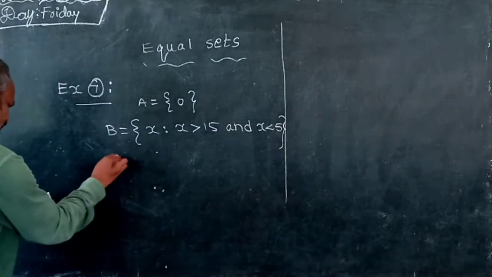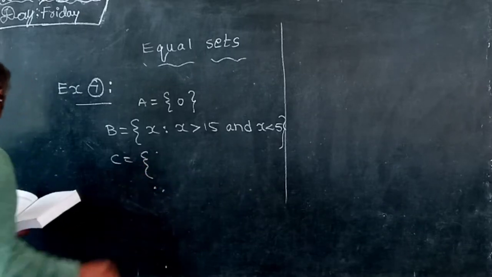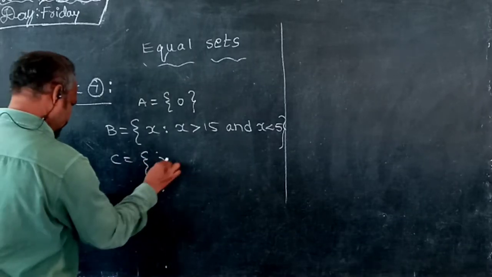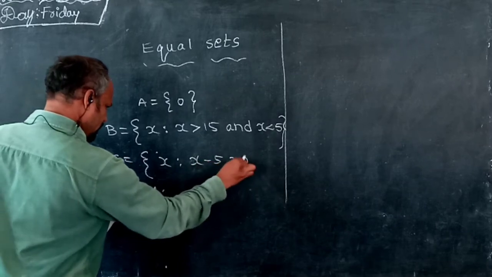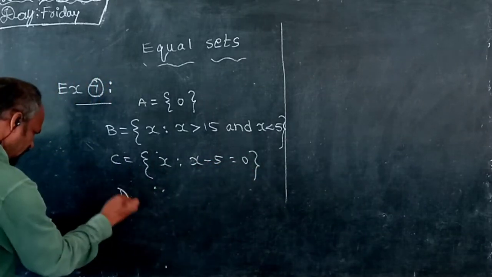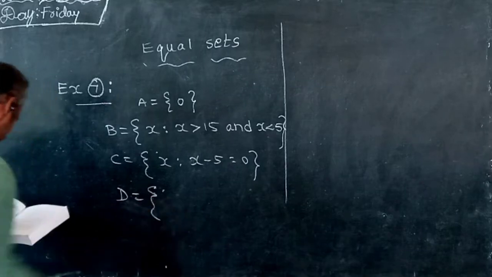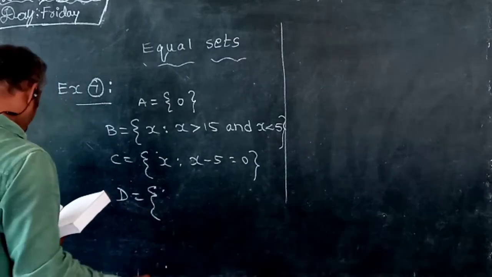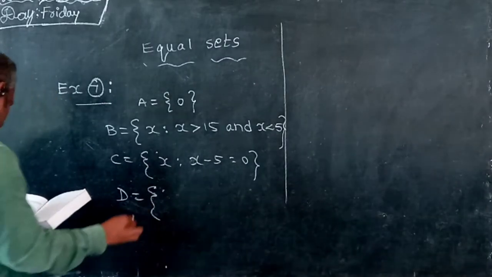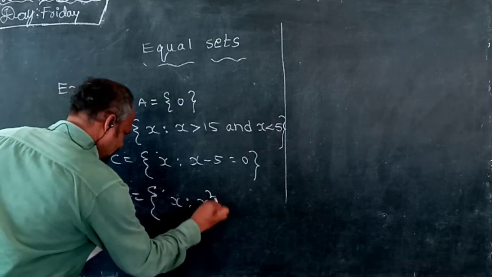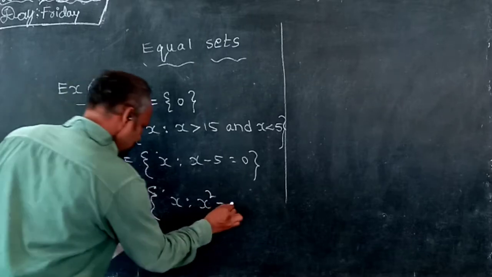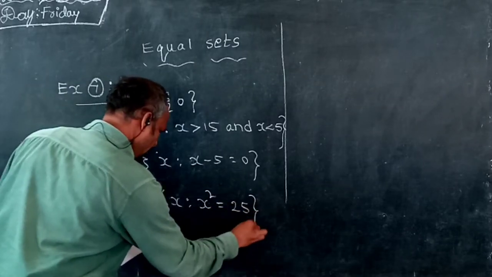Next, C is equal to {x such that x minus 5 is equal to 0}. D is equal to {x such that x squared is equal to 25}.